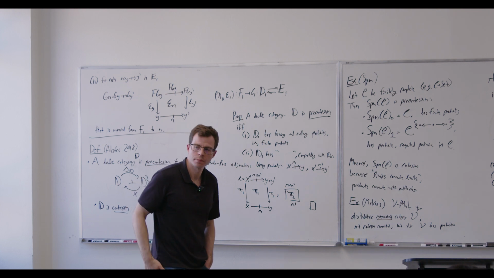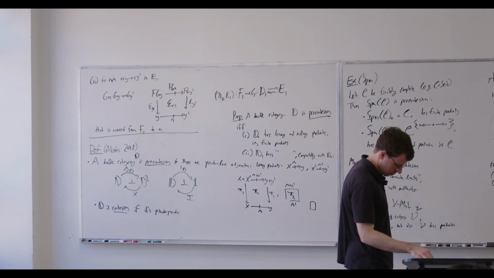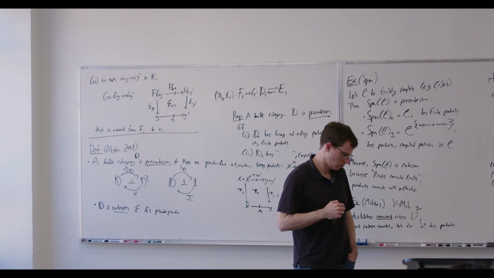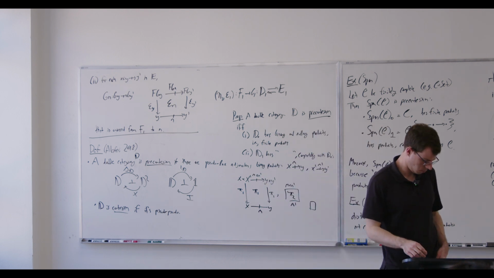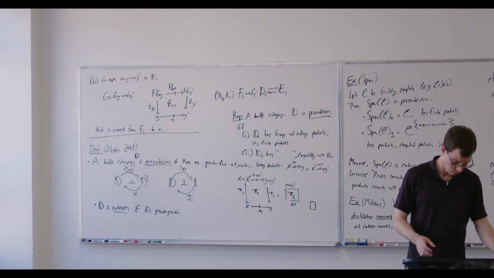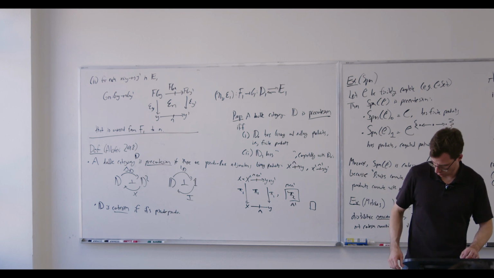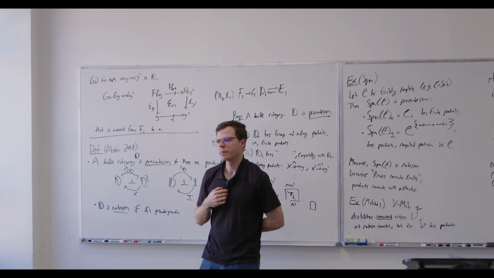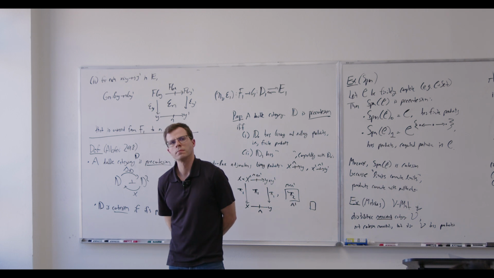Okay. Then you can say a strict double category is a strict algebra for this monad. A pseudo double category is a pseudo algebra for this monad. And then lax and colax morphisms are lax and colax algebra maps.